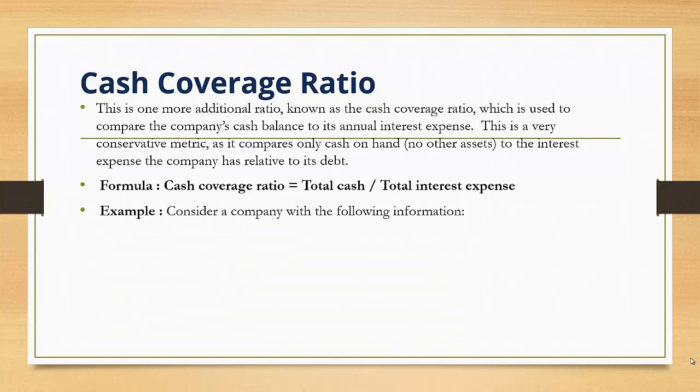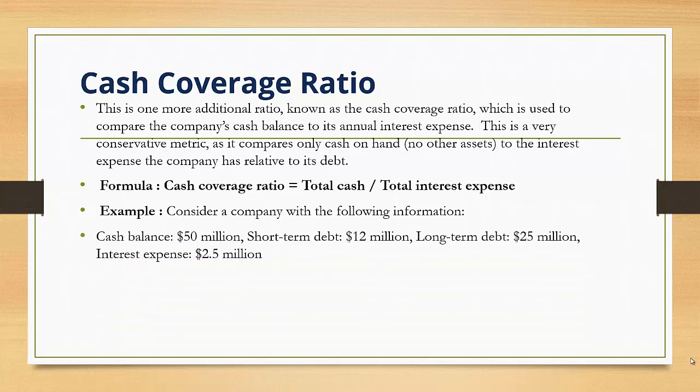Let's have a look at the example. Consider a company with the following information: cash balance $50 million, short-term debt $12 million, long-term debt $25 billion, interest expense $2.5 million. So for the cash coverage ratio, from the given available data, we will take only the cash balance of $50 million and divide it by the interest expense, which is $2.5 million.